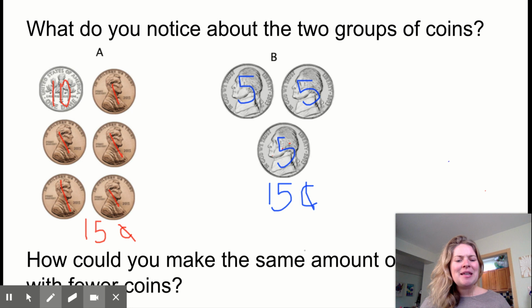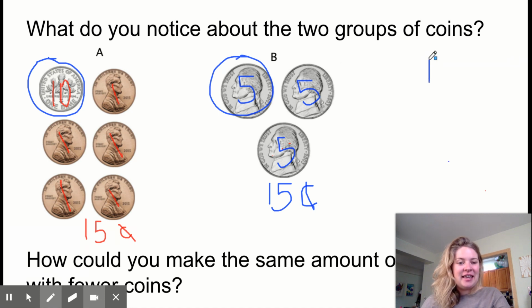But we can actually be even more efficient and make the same amount of money with even fewer coins. We can make it with just 2 coins. What 2 coins do you think we could use to make 15 cents? We're going to use a dime, which is worth 10 cents, and 1 nickel, which is worth 5 cents, because 10 plus 5 equals 15.